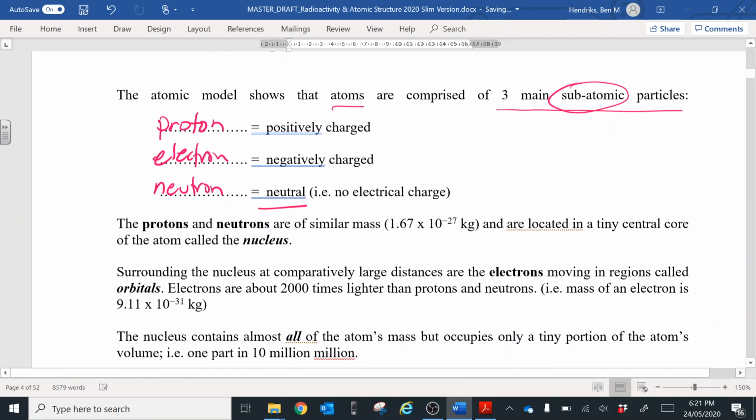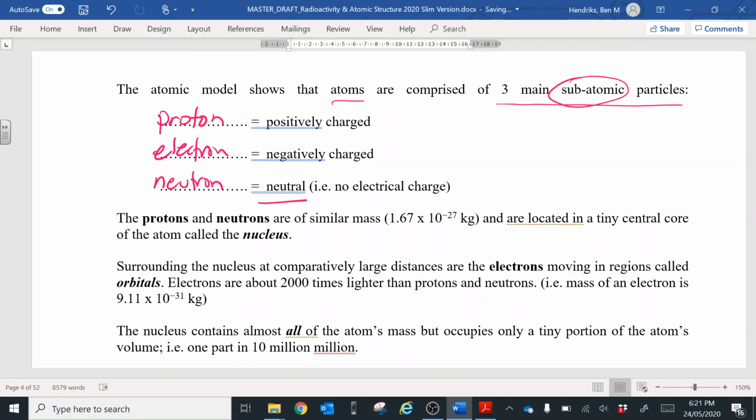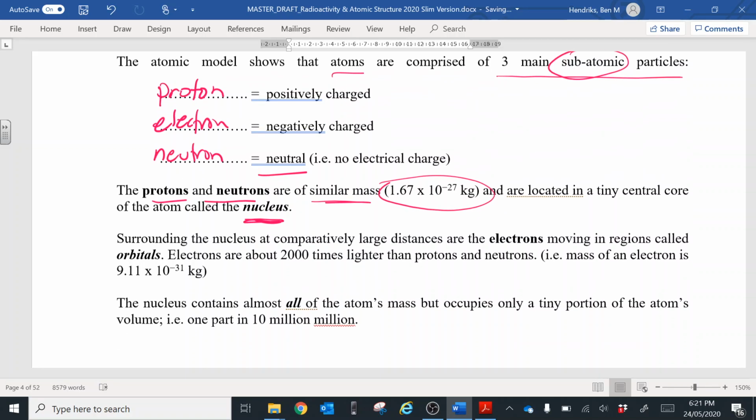The important thing to know is that the protons and neutrons are of a similar mass, so they're roughly this size in kilograms, and are located in a tiny central core of the atom called the nucleus. So protons and neutrons make up the nucleus.